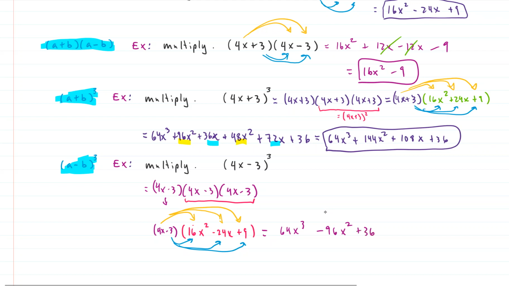Then negative 3 and 16x squared give us negative 48x squared. Negative 3 and negative 24x give us a positive 72x. And then the negative 3 and the 9 give us negative 27.